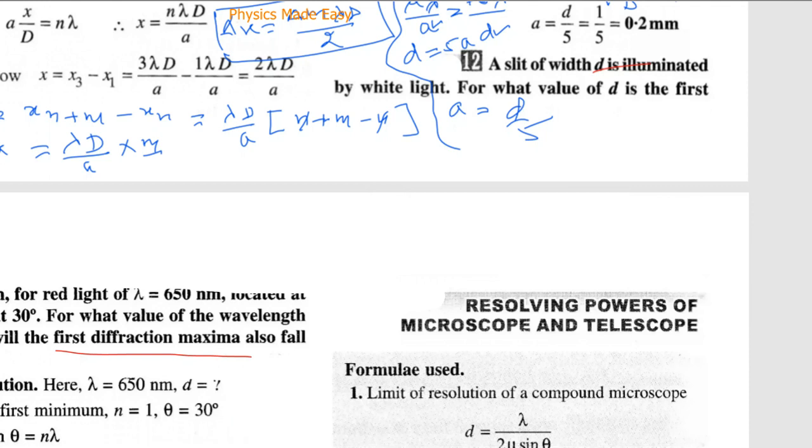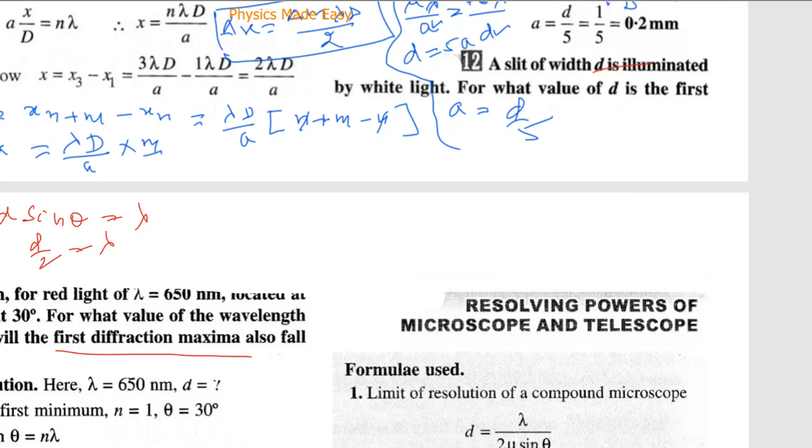Now, a slit of width d is illuminated by white light. For what value of d is the first minimum for red light? First minimum for red light: this will be d sin theta is equal to lambda, located at 30 degrees. Sin 30 is 1 by 2, so d by 2 is equal to lambda.